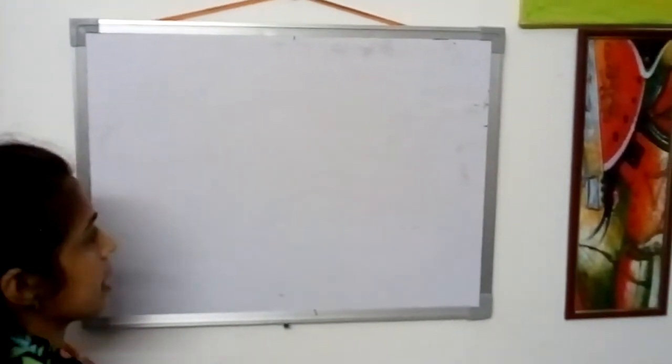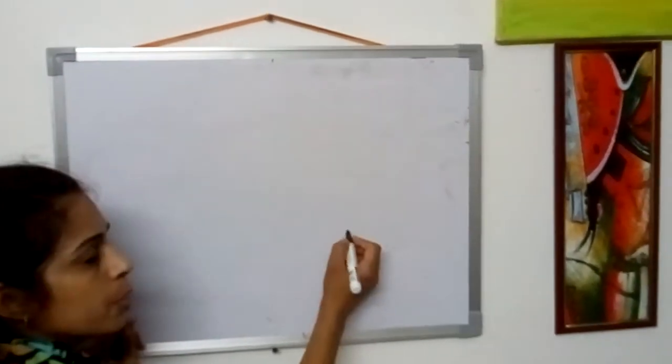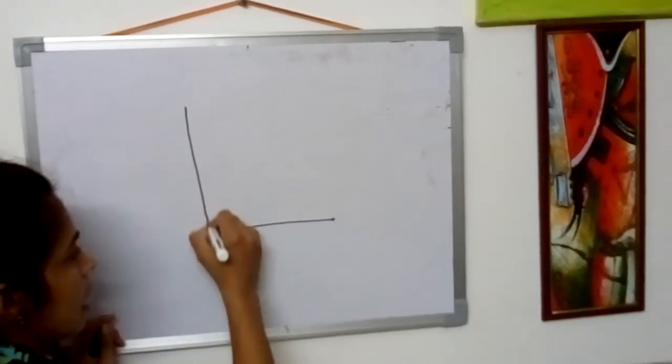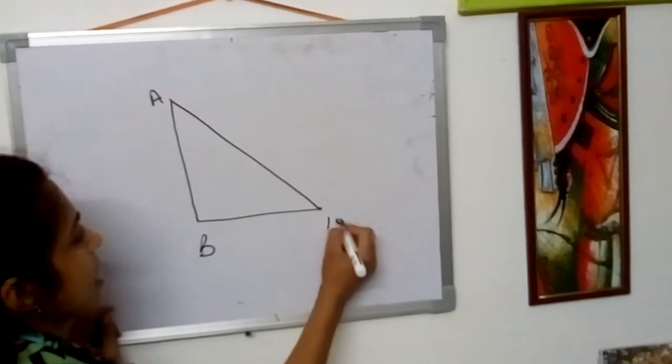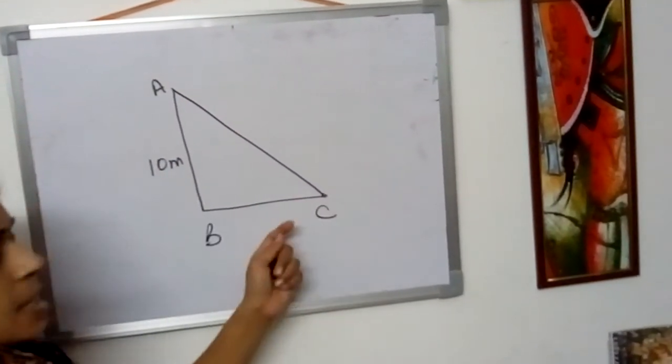Now let us consider an example. Suppose a person is standing on the ground and he is viewing a tree which is at the height of say 10 meters. Height of the tree is 10 meters.